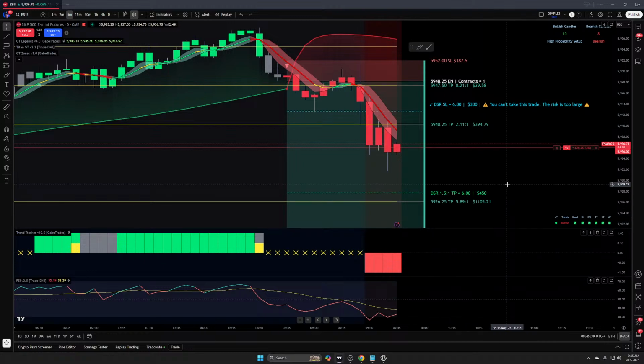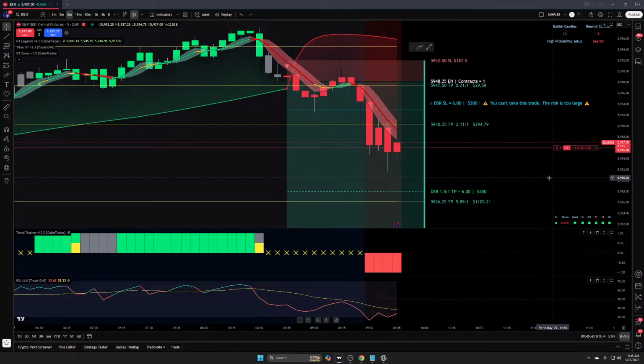Now, this is ES. Nothing too crazy, 2 contracts with ES. Why ES? Because with NQ or MNQ, the volatility is super high, especially when you scalp.